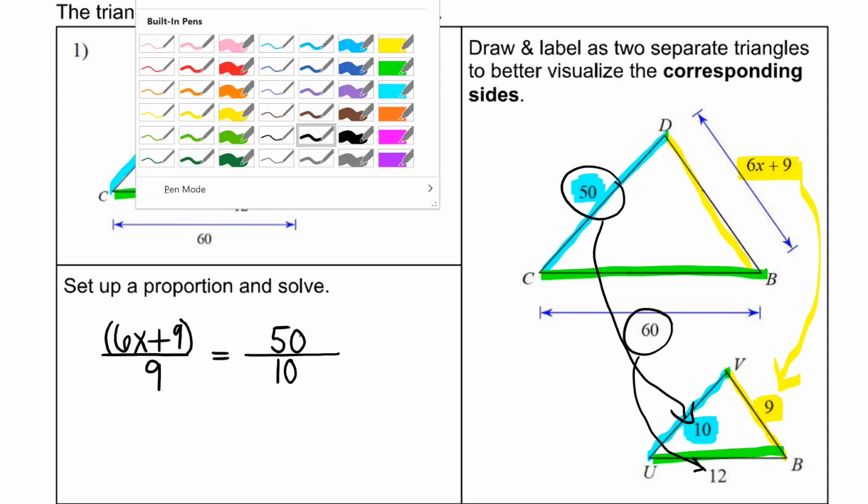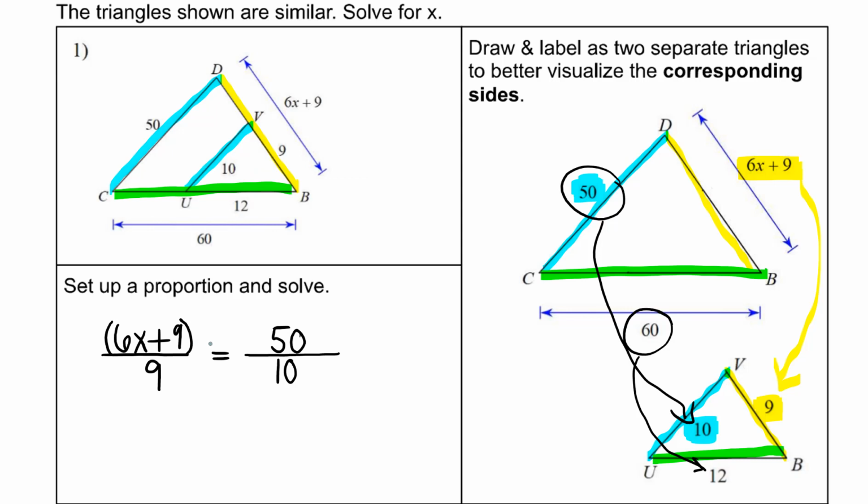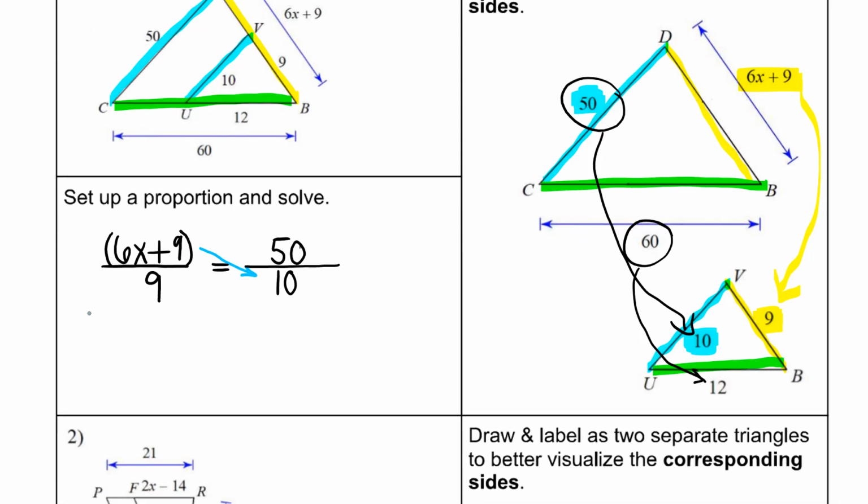All right, let's look at our first multiplication. Numerator times denominator. So 10 times (6x plus 9) is equal to the denominator times the numerator, 9 times 50.